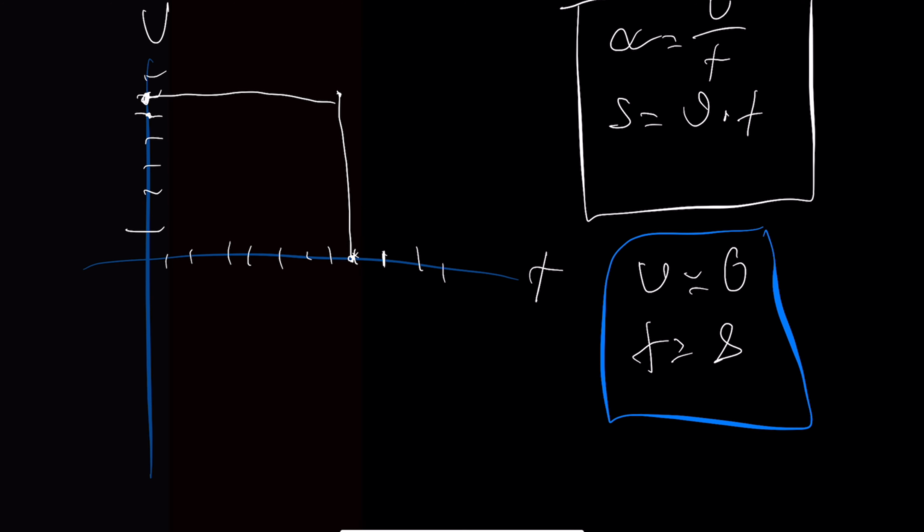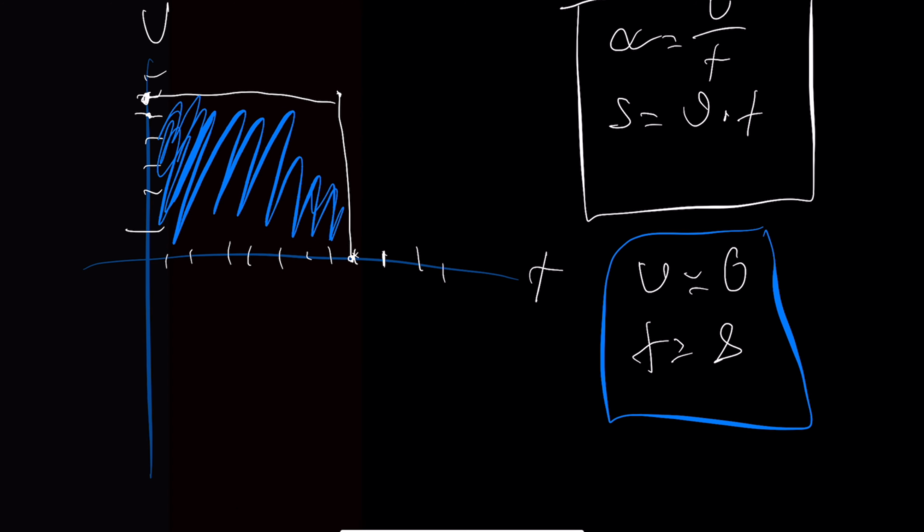That's why it would be a square. And in order to find distance, we need to just multiply velocity by time. So that would be velocity times time, and that would be 48.